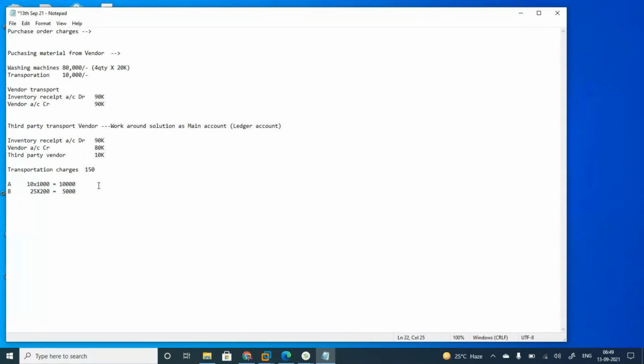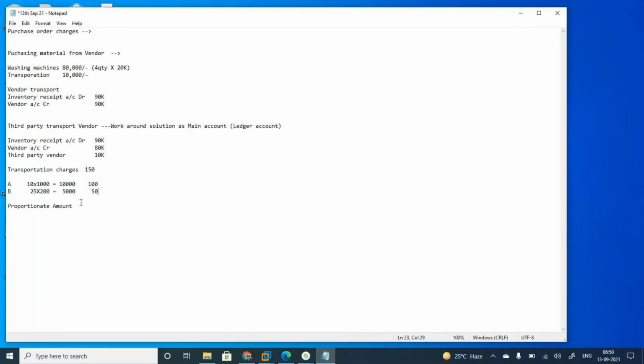That is not the correct one. One is the proportionate amount. Proportionate amount means for 10,000 it is 100 and for 5,000 it is 50. This is the proportionate amount, where the charge is distributed based on the amount.